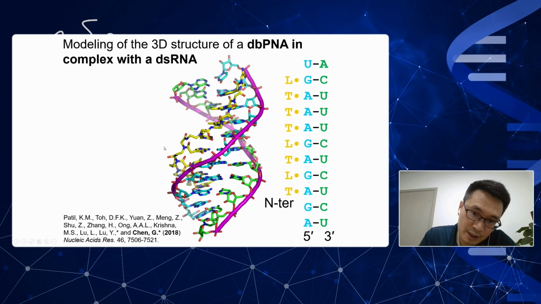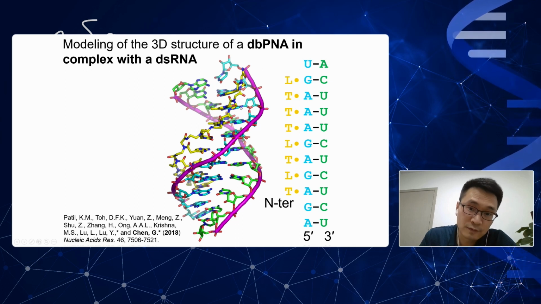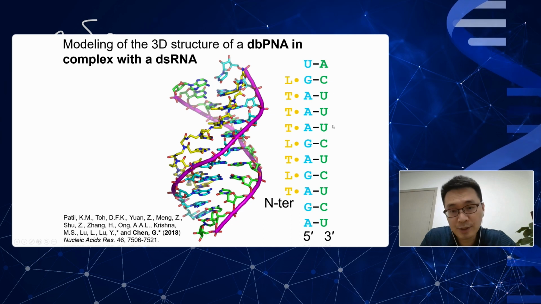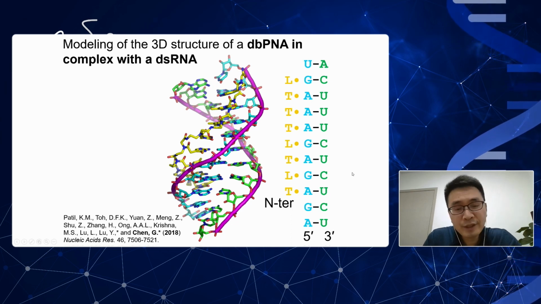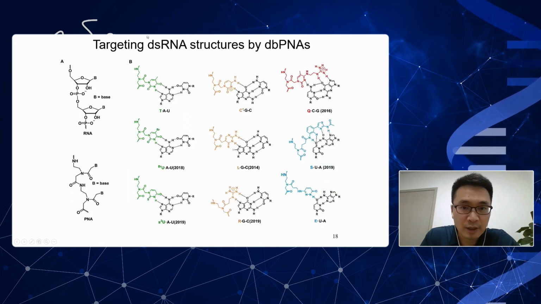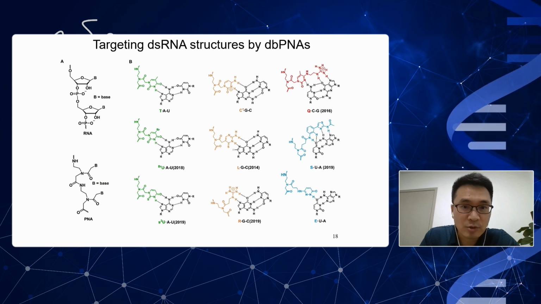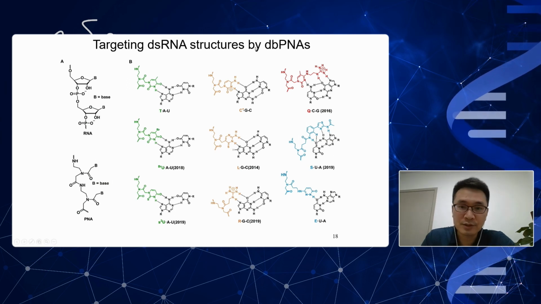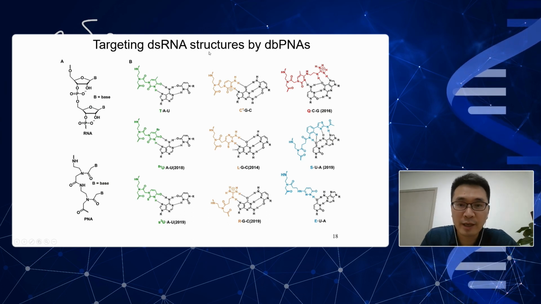You can see the yellow PNA strand binds into the major groove and recognizes the sequence of the RNA duplex. We name this a dsRNA-binding PNA, which stands for double-strand RNA binding PNA. This is why we name it DBPNA.